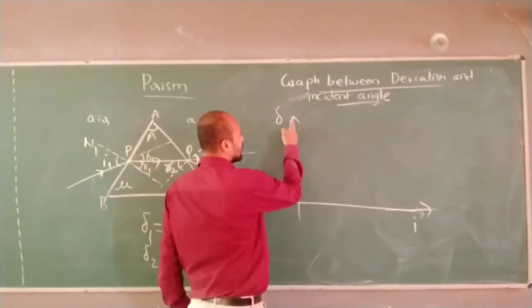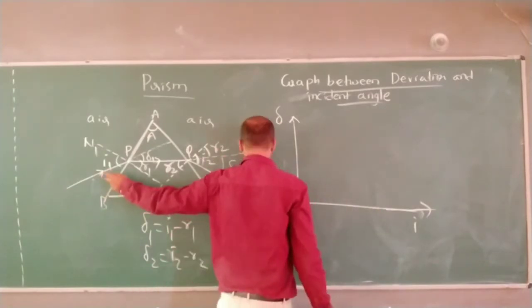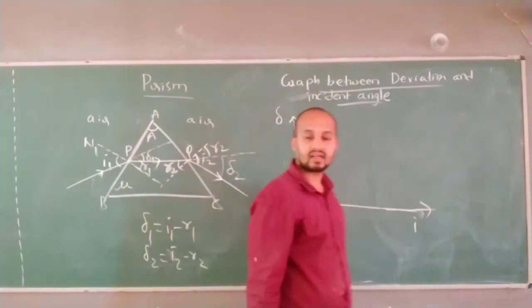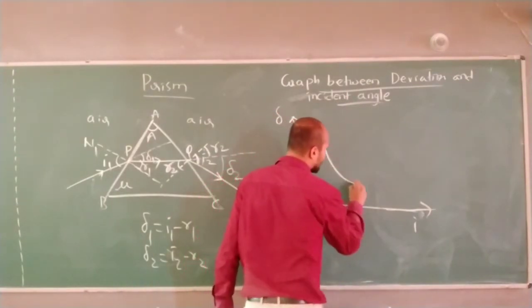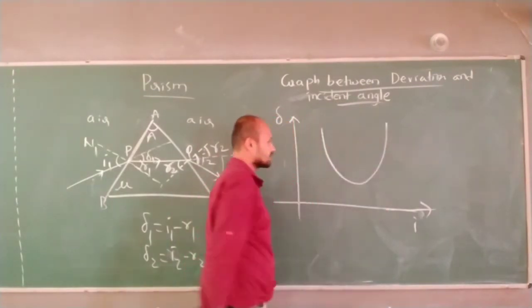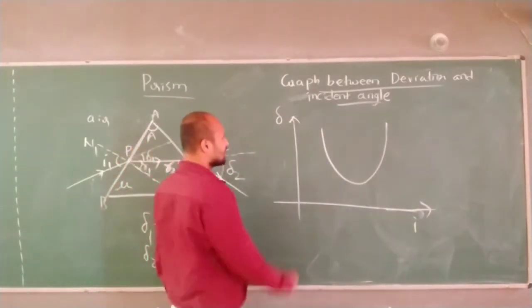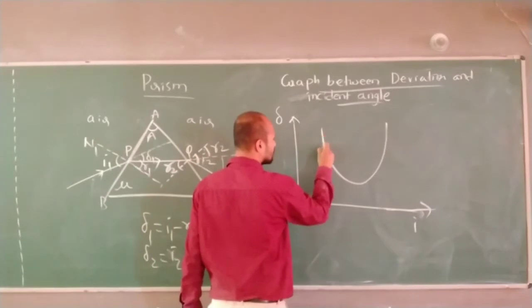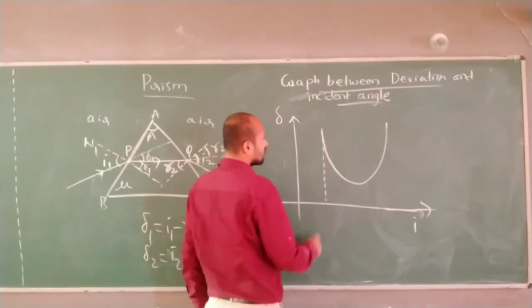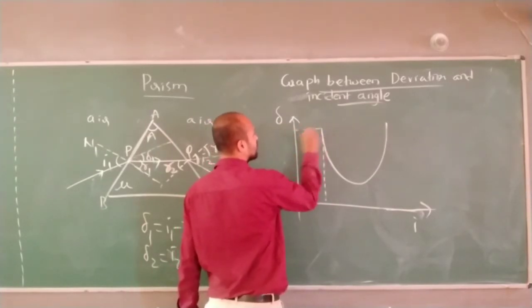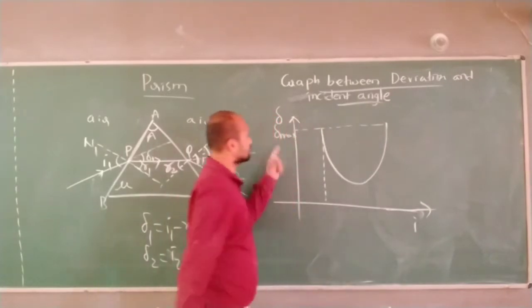See here, if I am increasing the angle of incidence, the graph was found like this. What it tells you is, if I took up this position, this is the position where you will have maximum deviation. Correct? No?